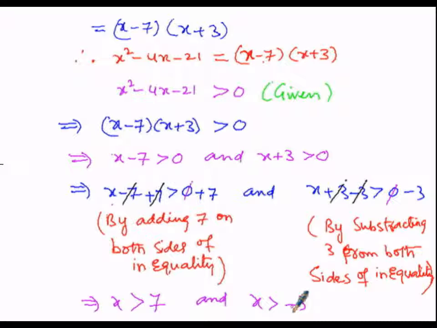When we change the sign of greater than as lesser than, x will be less than minus 3, and here the 'and' becomes 'or'.